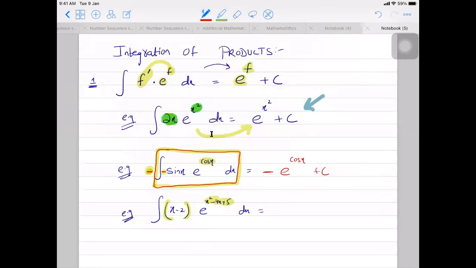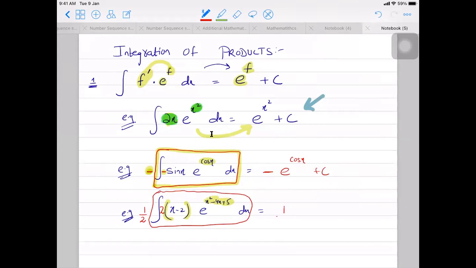Yes. What should I multiply x minus 2 by to get the differentiation of x square minus 4x plus 5? 2. So if I am multiplying this by 2 over here, should I be dividing by 2 as well? Yes. So the expression inside the integral sign conforms to that rule.